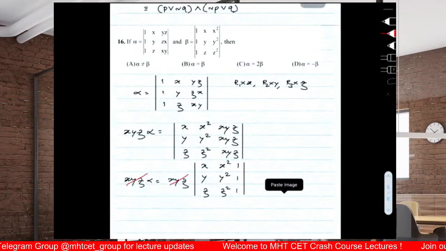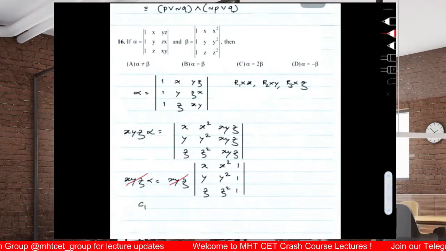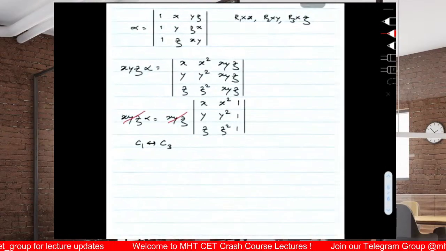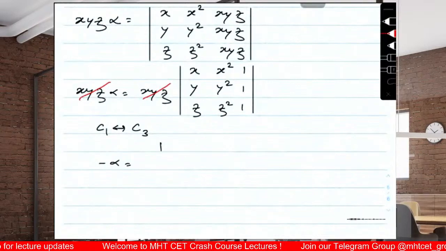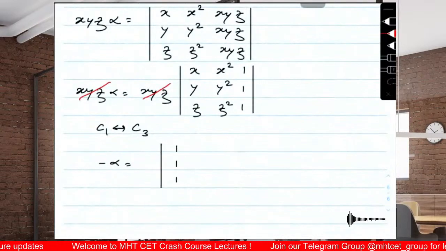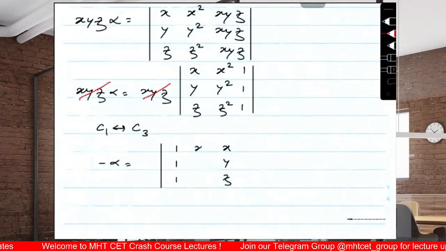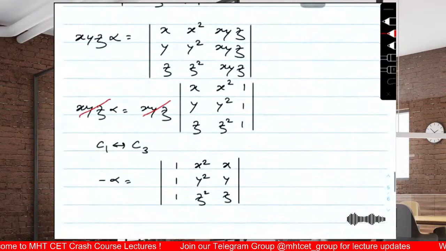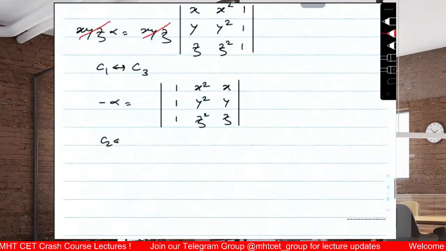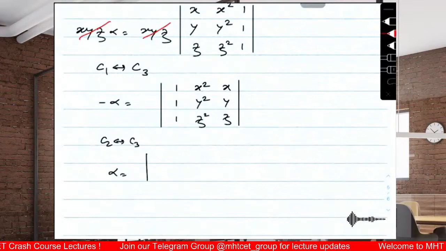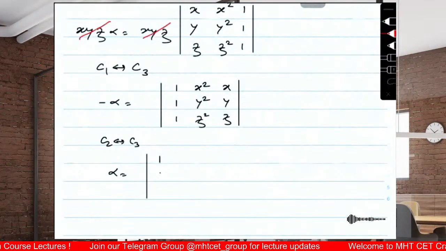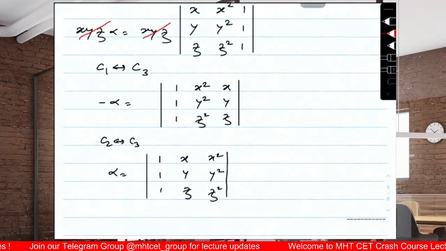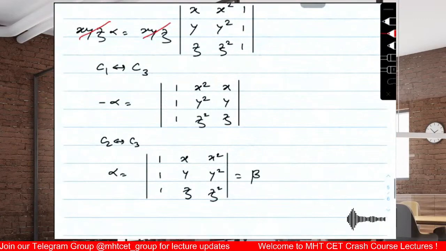If you interchange column 1 with column 3, you get minus alpha equal to 1, 1, 1; x, y, z; x square, y square, z square. And if you interchange one more time c2 and c3, ये साइन फिर से अल्फा हो जाएगी, माइनस का प्लस हो जाएगा. That is same as beta. So alpha and beta are equal.